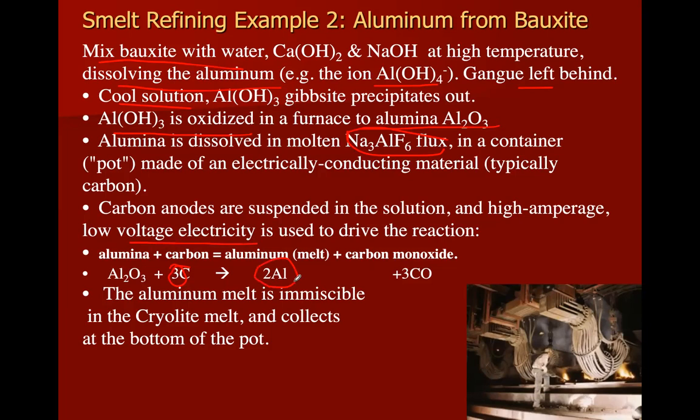It's like in jewelry, where people replate gold using some sulfuric acid and two electrodes. Copper also can be plated like that. So it's a separation method again. This aluminum melt is immiscible, so it can be separated out. These are very, very sophisticated industrial methods by which these metals are separated.